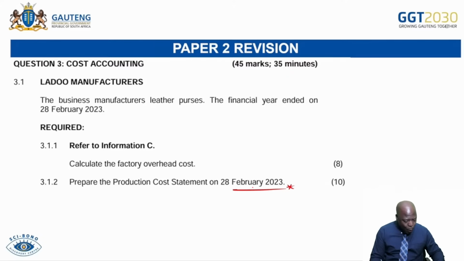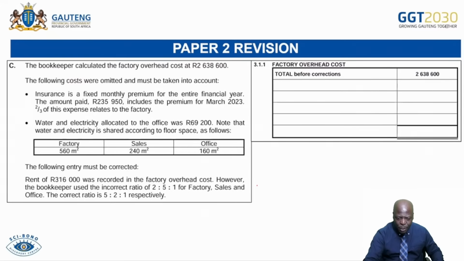We're now going to look at the information that has been provided, and we have information C. But we keep in mind the financial year ends on the 28th of February. It says the following costs were omitted and must be taken into account. We are given an amount of 2,638,600, and that is before the following is taken into account.